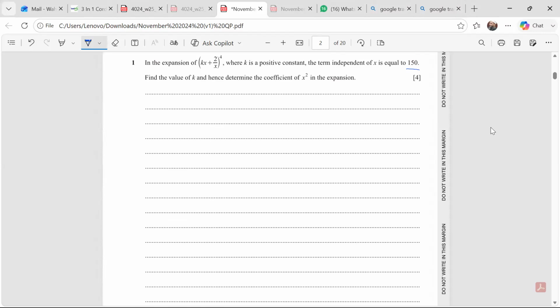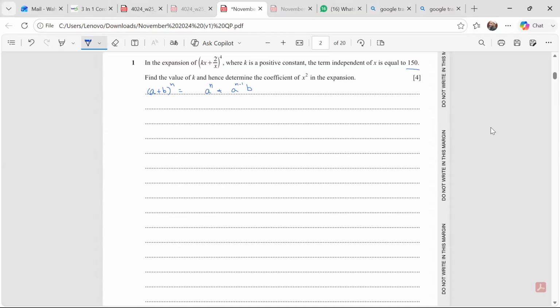We'll look at it. When you have this expansion (a + b)^n, you know that the first term starts with the maximum power of a, and then gradually the power of a reduces and the power of b increases.